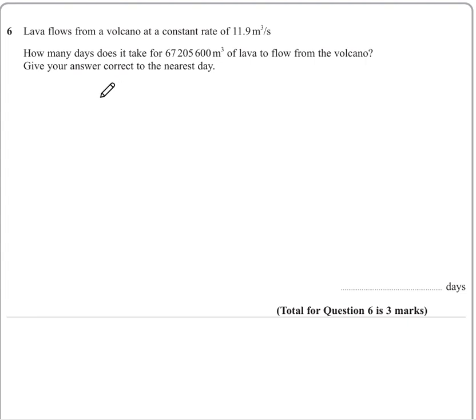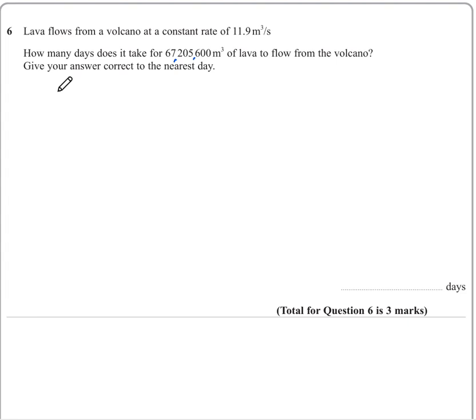Question 6. Lava flows from a volcano at a constant rate of 11.9 metres cubed per second. How many days does it take for 67,205,600 metres cubed of lava to flow from the volcano? And we need to give our answer correct to the nearest day.